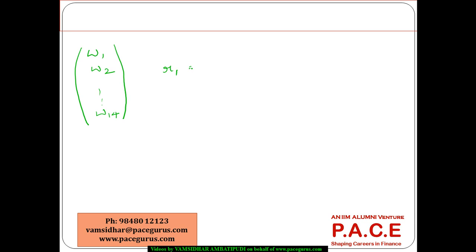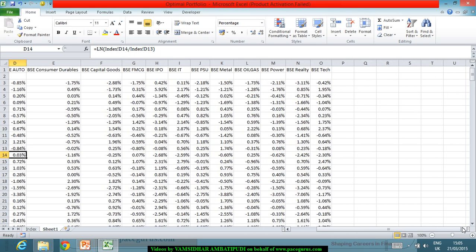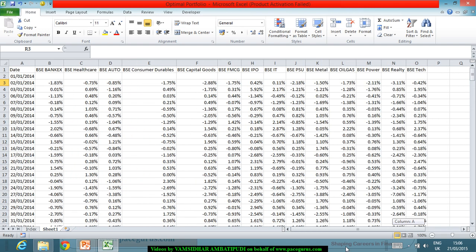Similarly, I'll take the returns of each one of them, which I would like to invest. So let me call those returns as the expected returns, or probably whatever is the average return in each of the cases. I'm calling that as the expected.